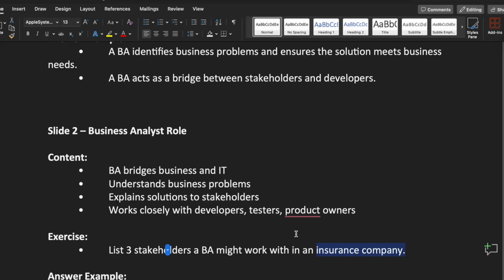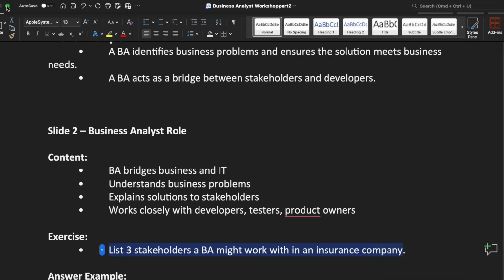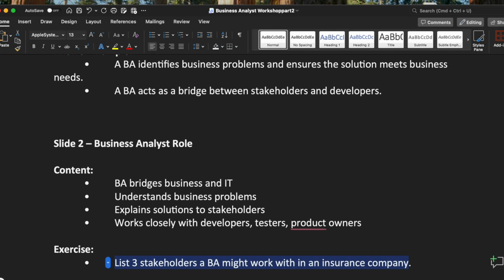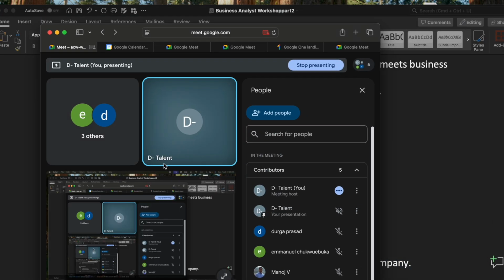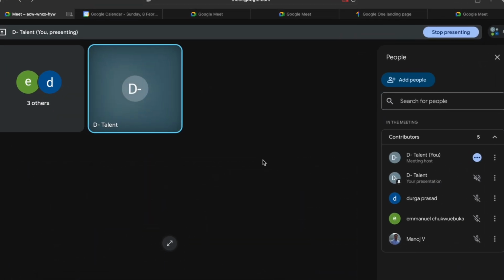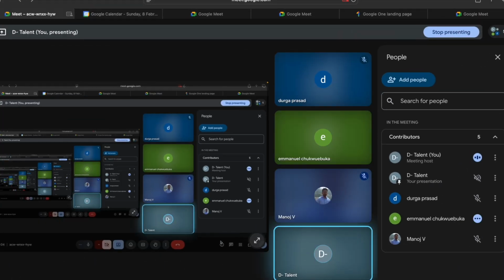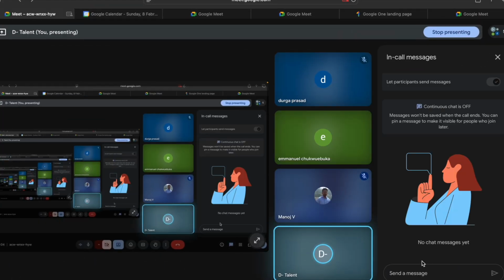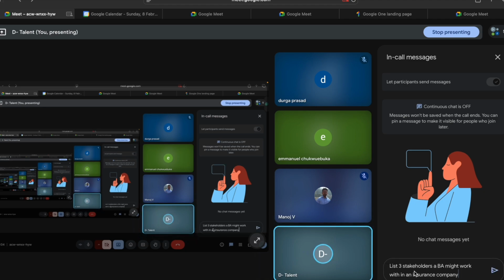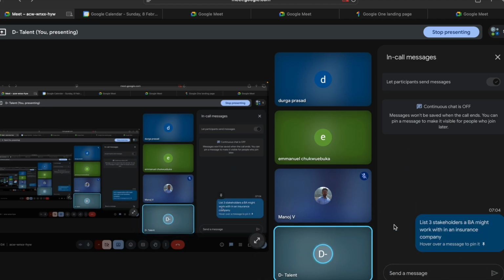You don't need to write insurance. Emmanuel, I guess you are going to work in some government project. Prasad, if I'm not wrong, you are going to apply for a banking project. Manoj, I'm not sure which domain you are going to apply for. You can write three stakeholders in your project, wherever domain you are going to work, or you can just call out.